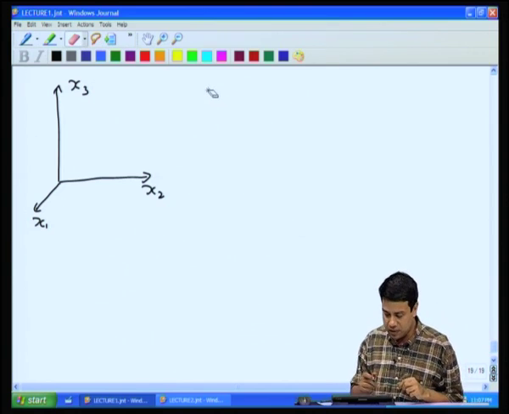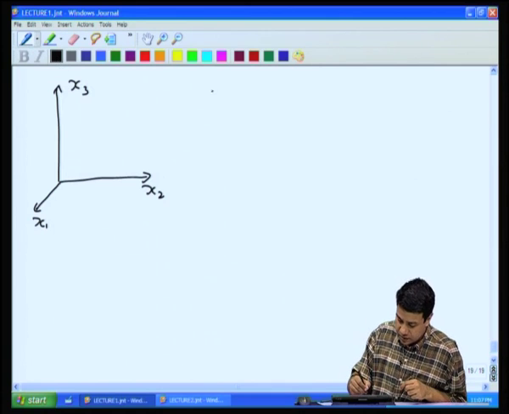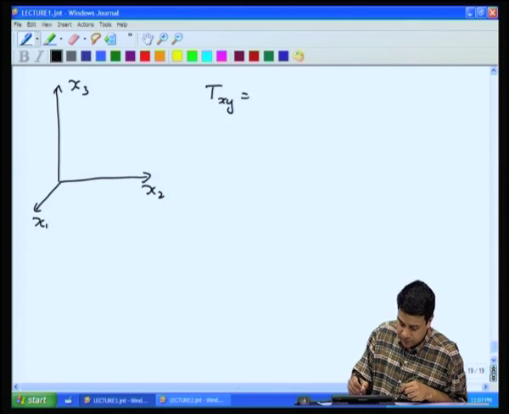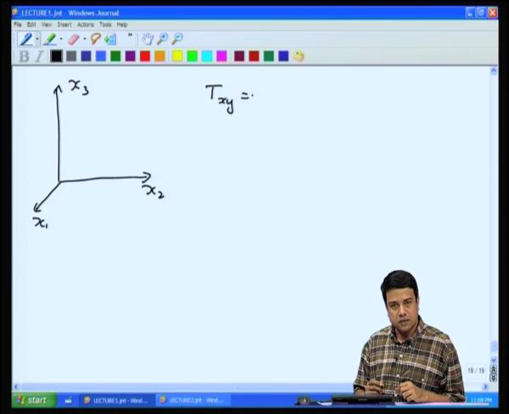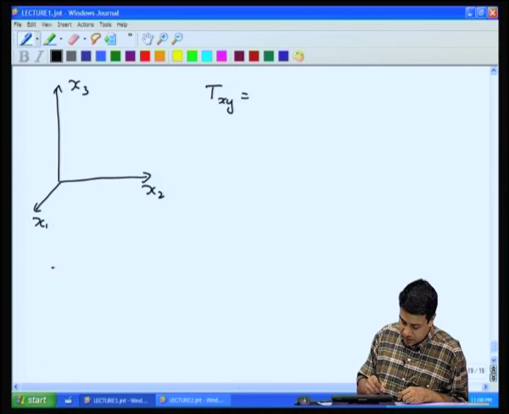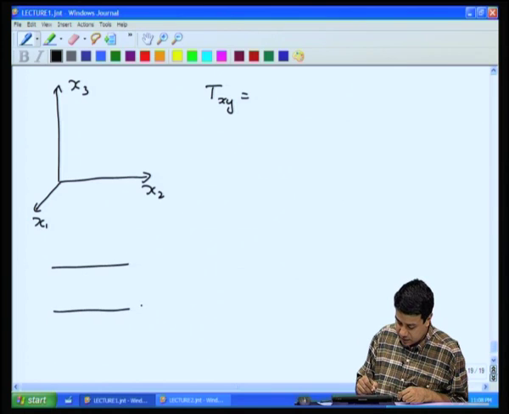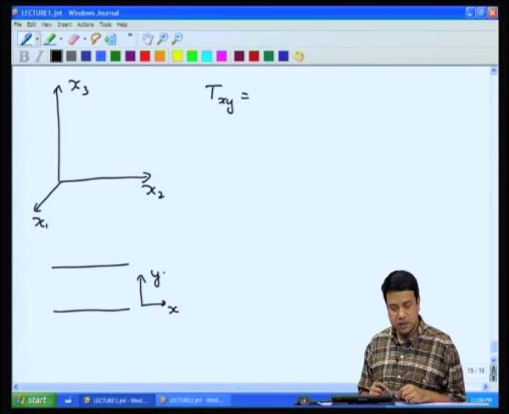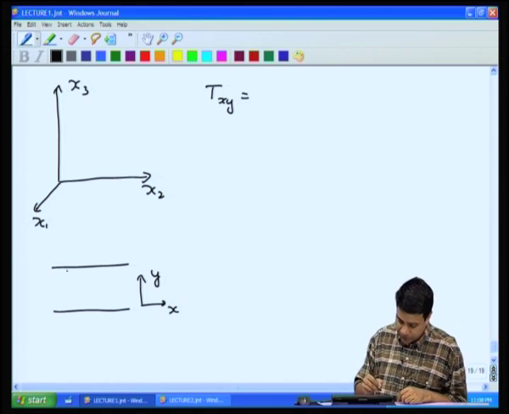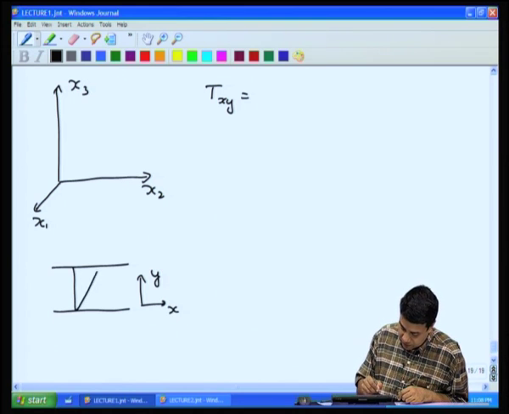I will use capital T for the stress tensor, Txy. So, the simplest case you can consider is, for example, the flow between two flat plates, where the flow direction is x, the normal direction is y. Then I have some kind of a linear velocity profile.